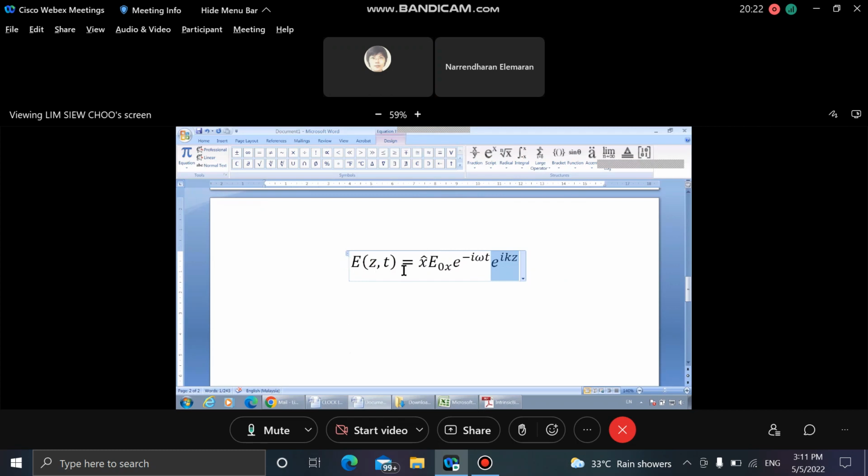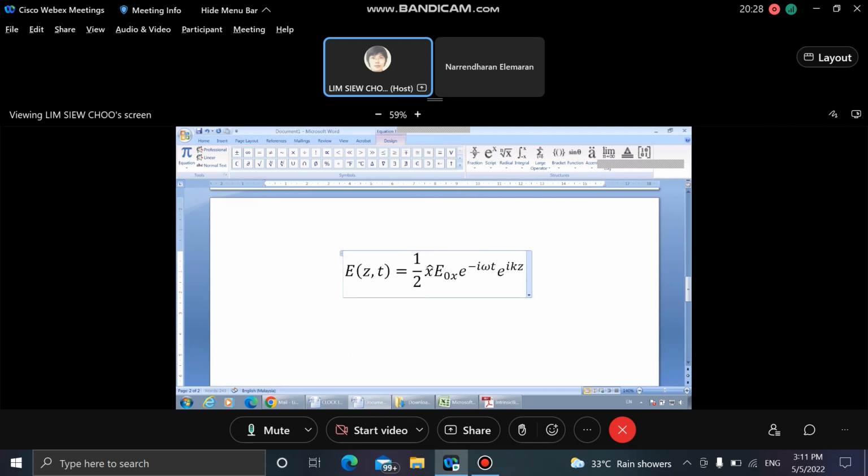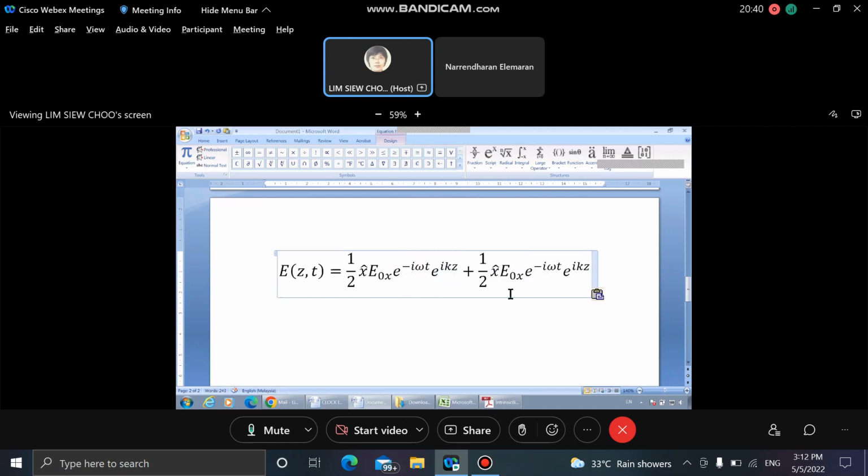This is complex notation. If I write the real notation, I have to write like this. Actually I just thought I had something wrong, so I should write like this, plus the c.c. You know the c.c. is when you see the i, you change the sign from positive to negative.